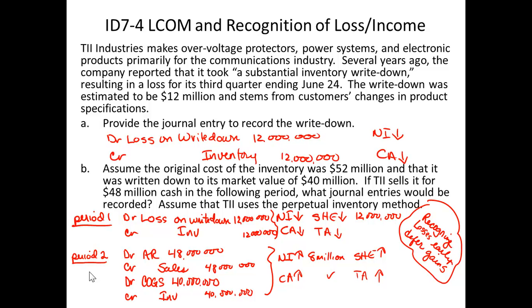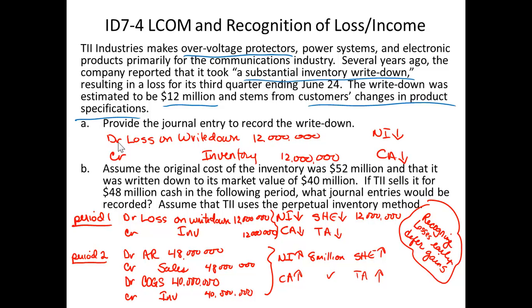Notice that it says that this company has over voltage protectors and that it had to take a substantial inventory write-down of $12 million. Probably had to do with customer changes in product specifications or obsolescence.